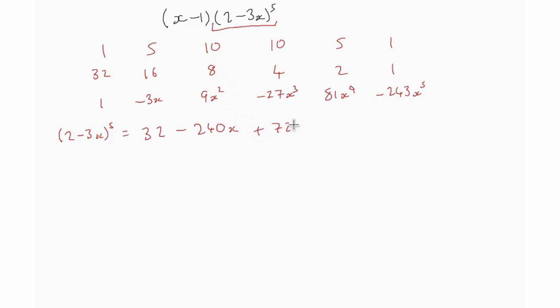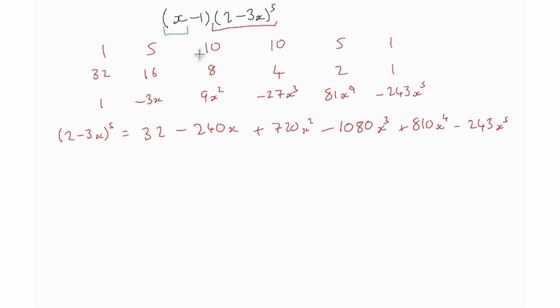plus 720x squared minus 10 times 4 times negative 27 is minus 1080x cubed plus 810x to the 4 minus 243x to the 5.